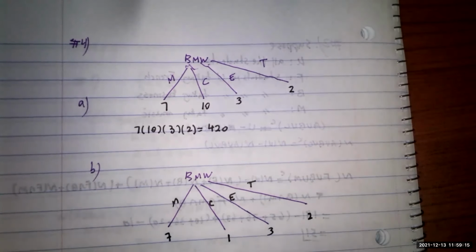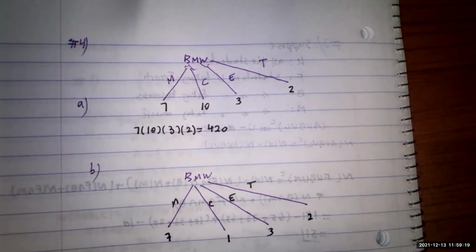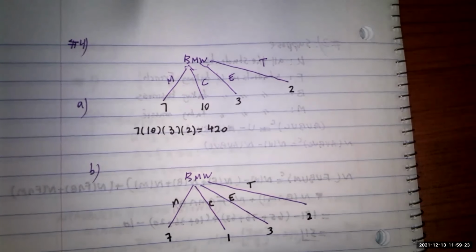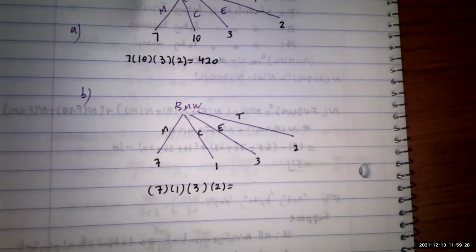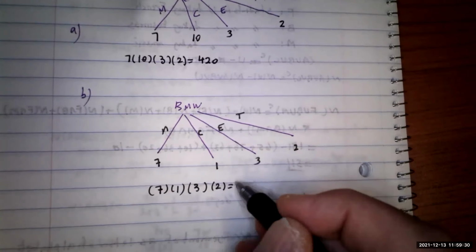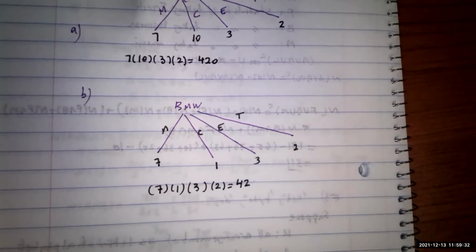So in this case, what you have is 7 times 1 times 3 times 2. So your choices are going to be very restricted. 6 times 7 is going to be 42.